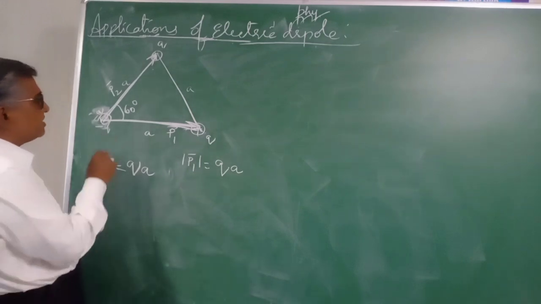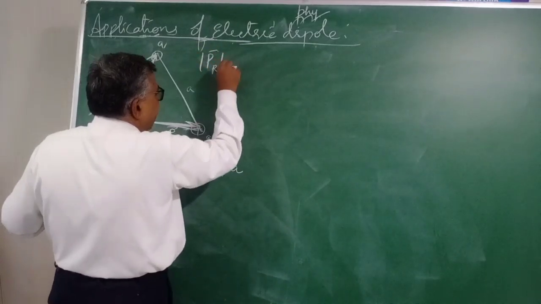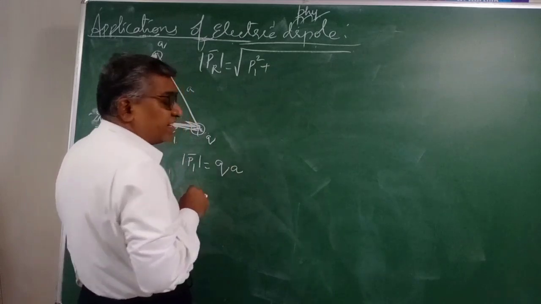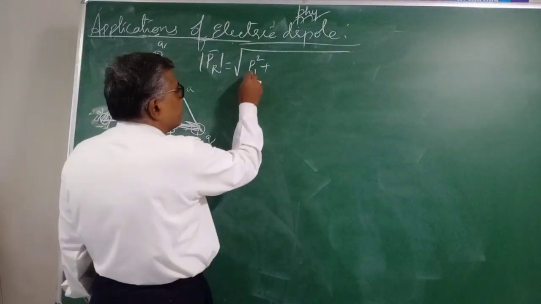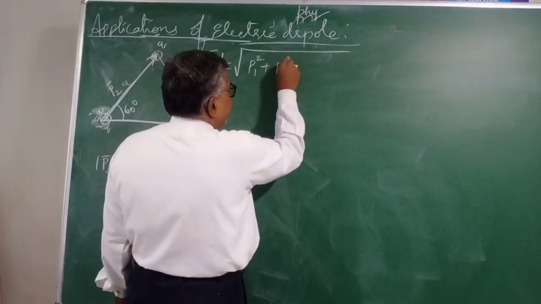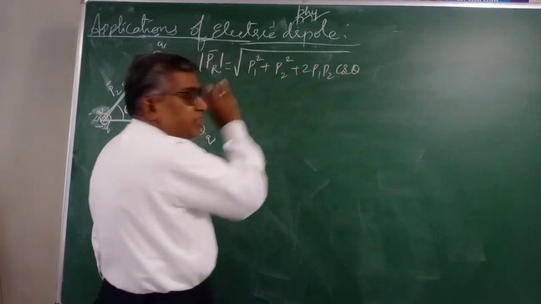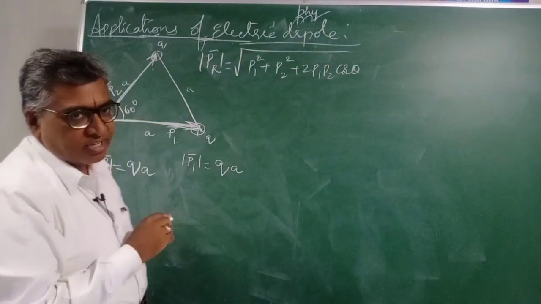Therefore, now the resultant dipole moment, according to the parallelogram law of vectors, the magnitude of the resultant vector is given as the root of a square plus b square plus 2ab cos theta. So it is the root of P1 square plus P2 square plus 2 P1 P2 cos theta.